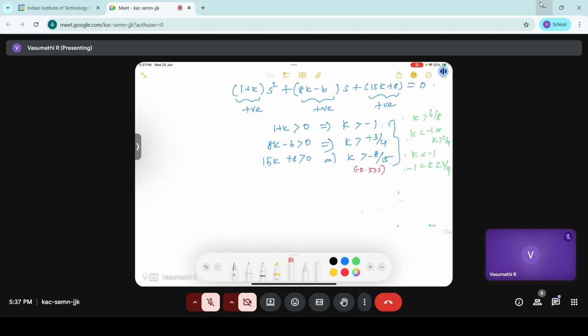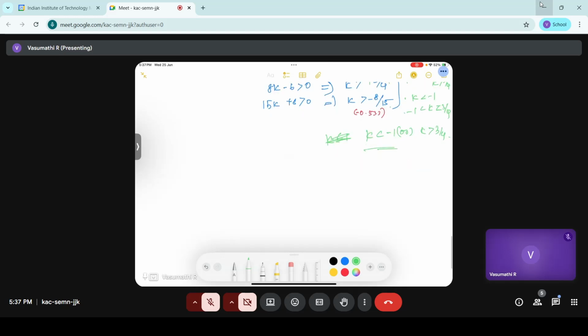I will stick to the numerical values. So out of this, the option would be k less than or equal to minus 1 or k greater than or equal to 3, right? Good.